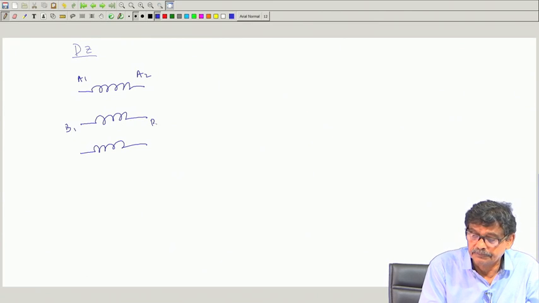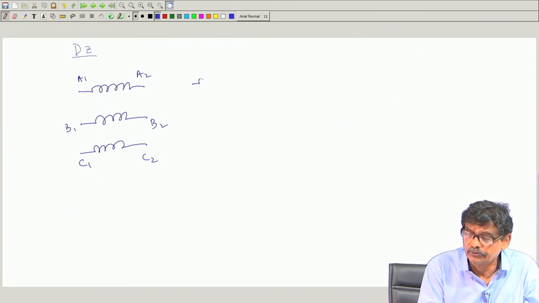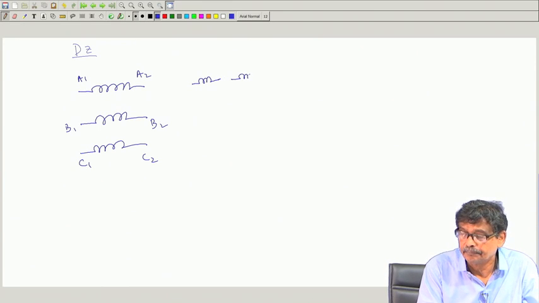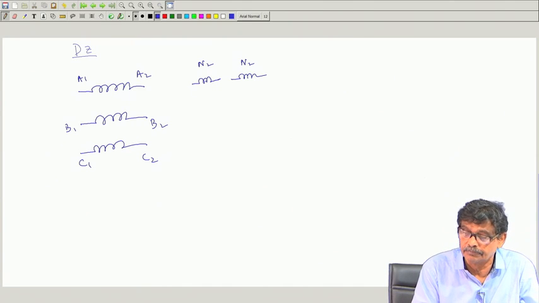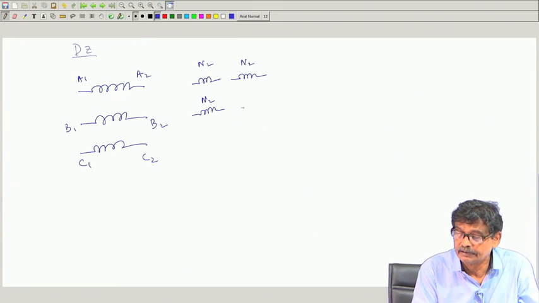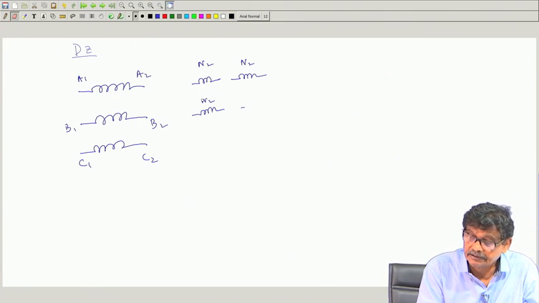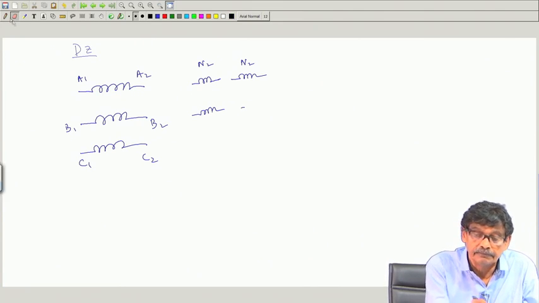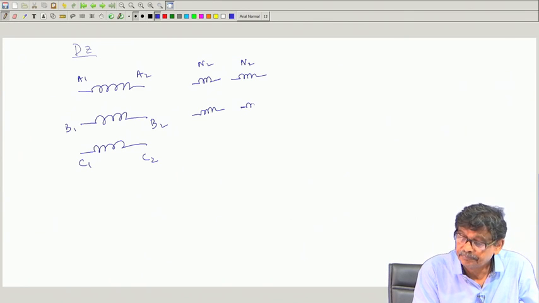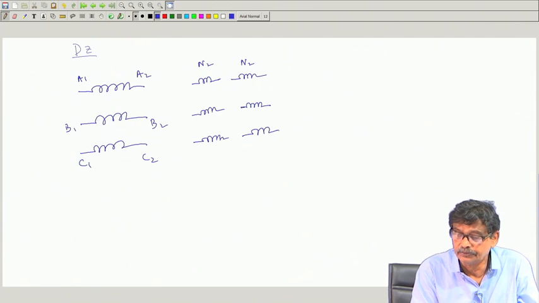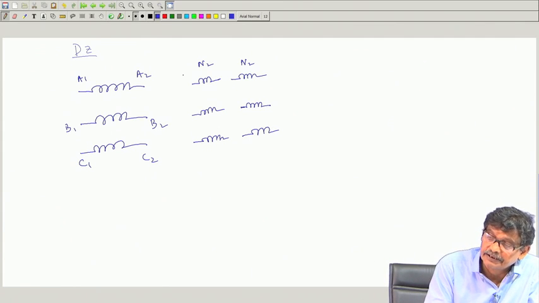B1 B2 and C1 C2, and delta connections and it has got two secondaries identical N2 turns, mind you it is not tertiary, one of them, and this is N2 turns. These are all same turns. This is also N2, this is also N2, two secondaries corresponding to each phase.